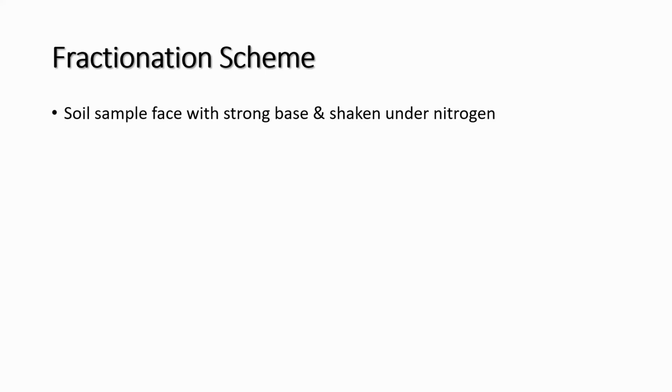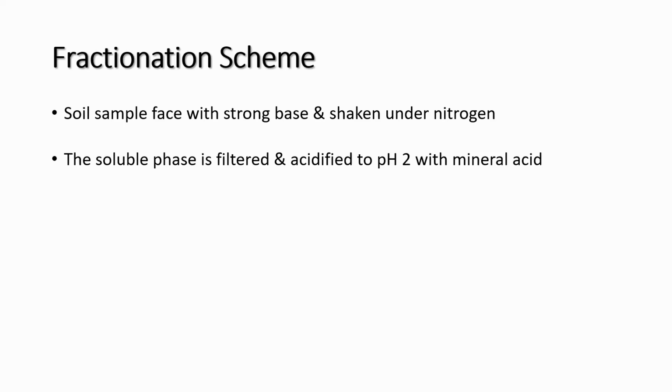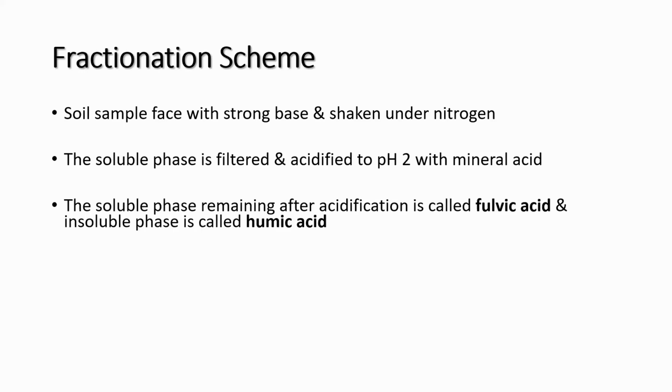It can be sodium hydroxide with high normality, and you shake it in the presence of nitrogen. Then you will have a soluble phase, and that soluble phase should be filtered. After that you reduce the pH to 2 with any mineral acid, obviously a strong acid. The soluble phase remaining after acidification will be called the fulvic acid, while the insoluble phase will be humic acid.